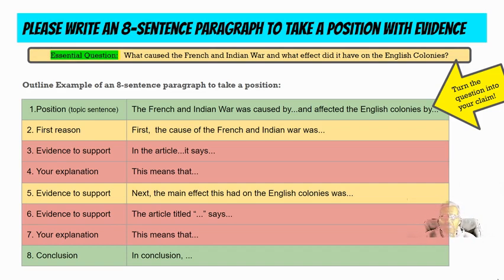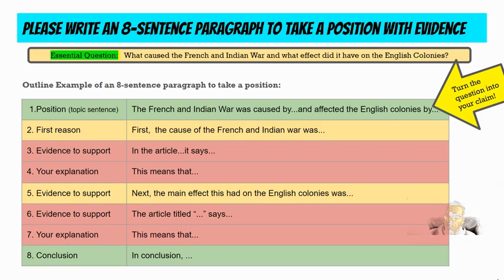The essential question again: what caused the French and Indian War, and what effect did it have on the English colonies? That's a 2-part question, and you can see the outline for this paragraph is set up for a 2-part answer. You are going to, in the first sentence, convert the question into your statement, into your position.